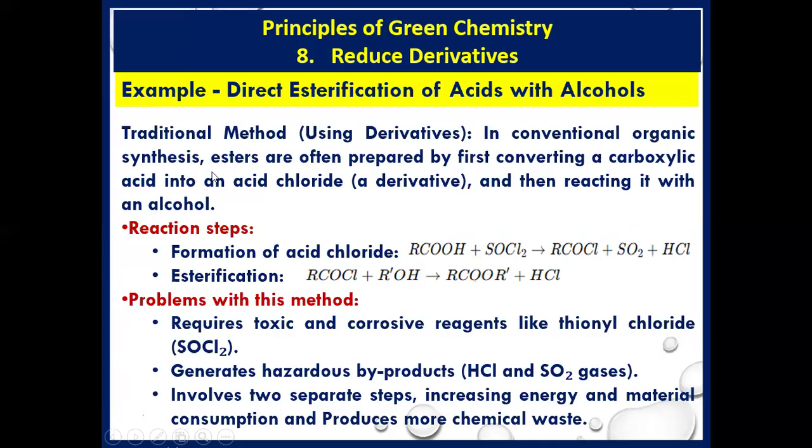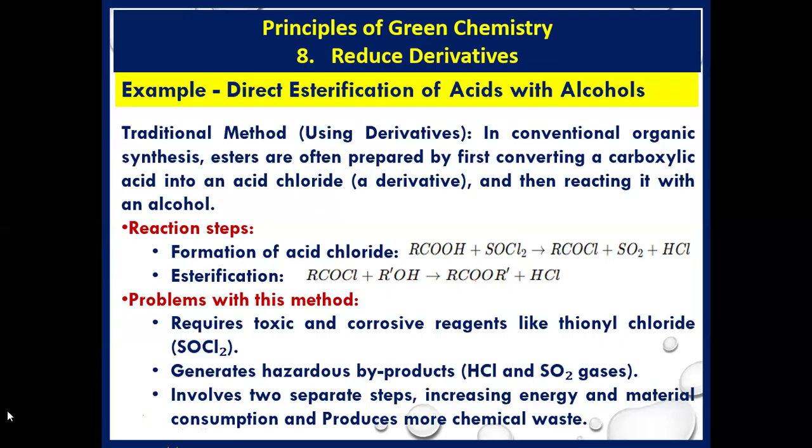In the traditional method of the organic synthesis of ester, the carboxylic acid is reacted with the acid chloride, which is a derivative, and then this reaction results in the formation of an alcohol, and later on this alcohol is reacted with the chloride to form the ester. So basically, in the traditional method to synthesize the ester, or the esterification reaction, it involves two steps.